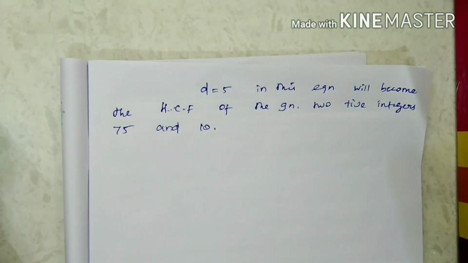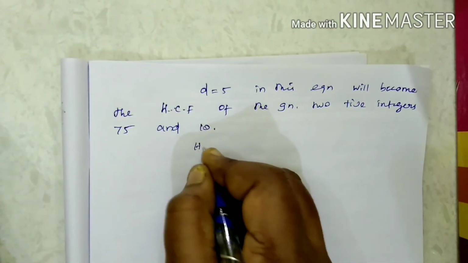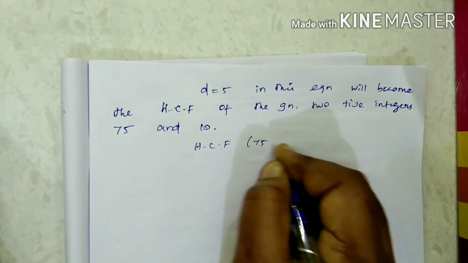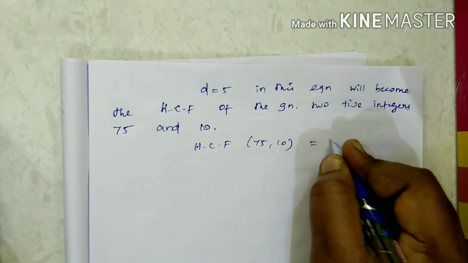So we can write that HCF of 75 and 10 is equal to 5.